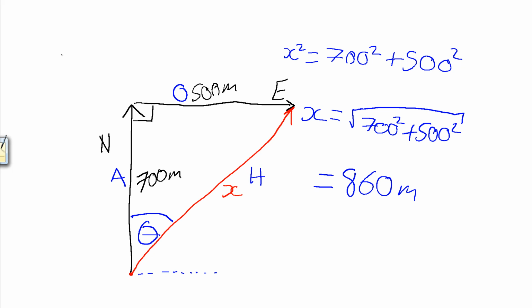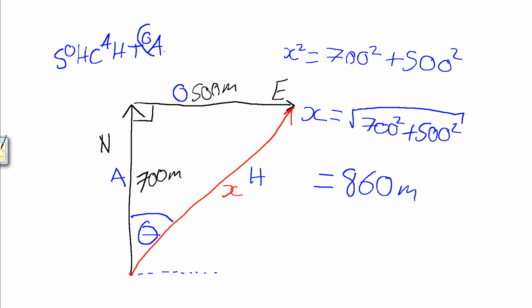So if we go through our little SOHCAHTOA mantra, we know the adjacent and the opposite, but we also know the hypotenuse. However, the hypotenuse we've just calculated ourselves. So rather than using the hypotenuse, where we might have made a mistake which would then carry through, we're going to stick to using the opposite and the adjacent which we were provided with.